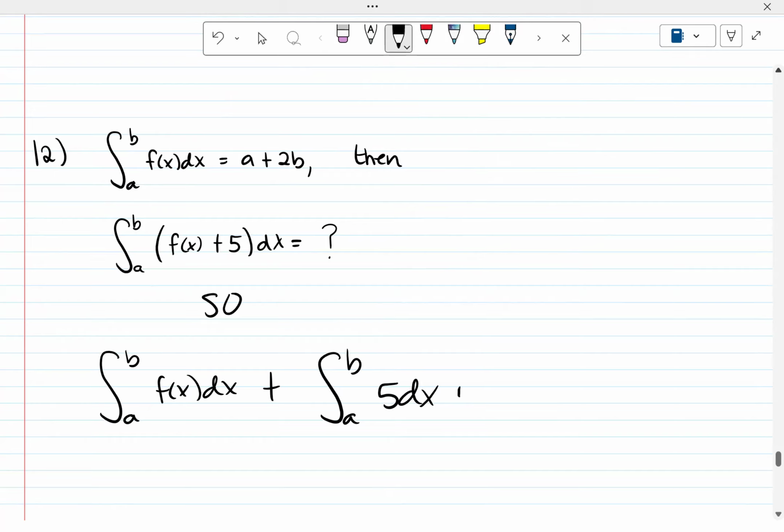That was given, and it's actually a plus 2b. And what's the integral from a to b of 5 dx? Well, they don't give us that, but we could figure it out. The integral of 5 is 5x, and then do the fundamental theorem, so upper minus lower, right? So that's going to be 5b minus 5a.